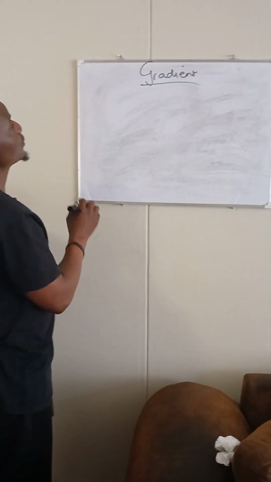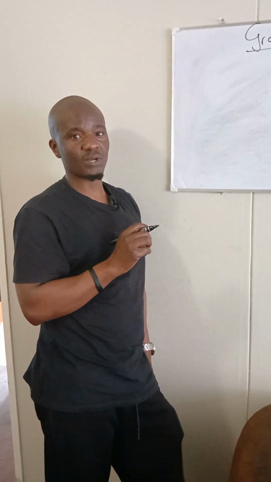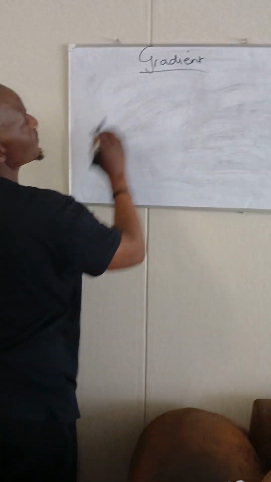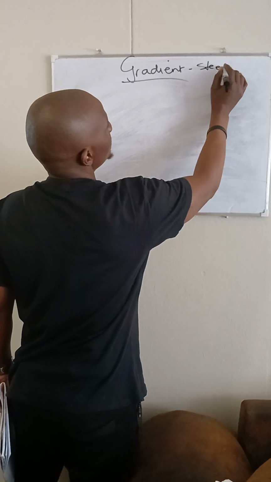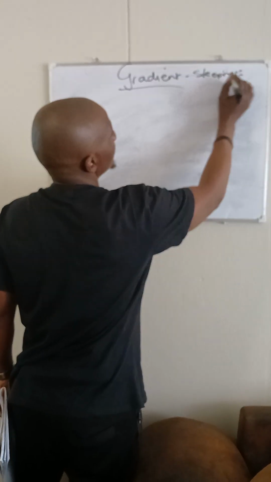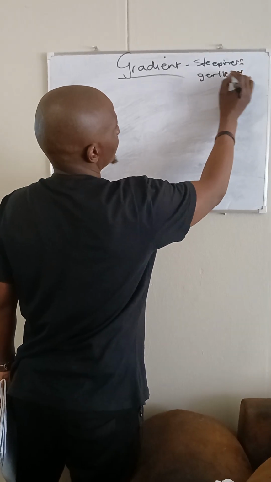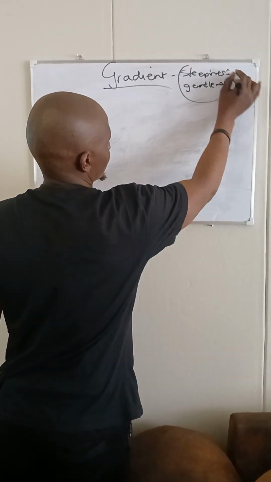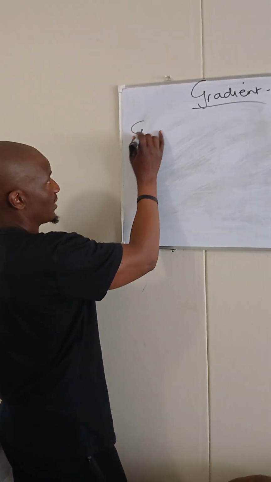All right. So I'm just going to demonstrate the same calculation that I was doing there. So gradient, obviously, we are more concerned with the steepness, or the gentleness of the slope. That's what it's all about. So the first thing that you need to know when you're calculating your gradient is the formula.